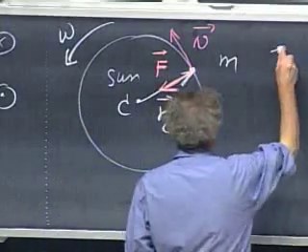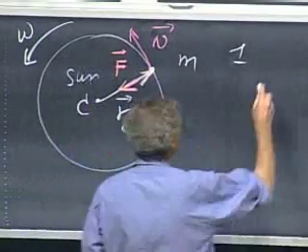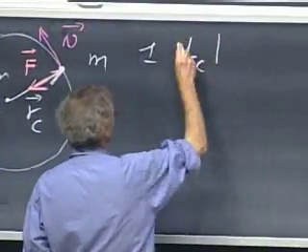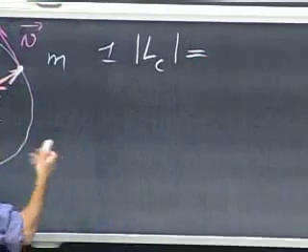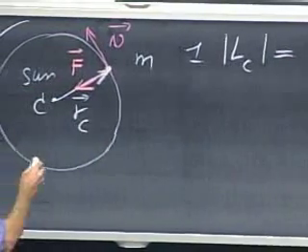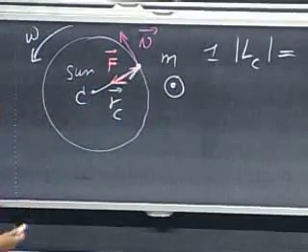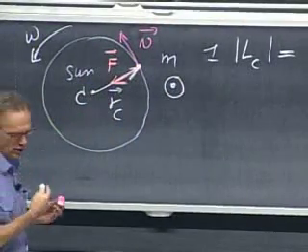Well, go to equation number 1. The angular momentum relative to point C, L relative to point C, the magnitude, because the direction is clear: if it's going, as seen from where you are, counterclockwise, then the direction of the angular momentum will be pointing out of the blackboard. So I'm only interested in the magnitude.